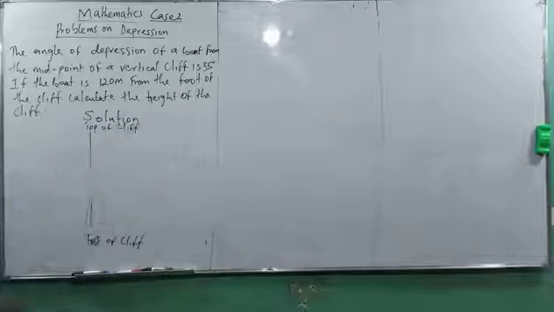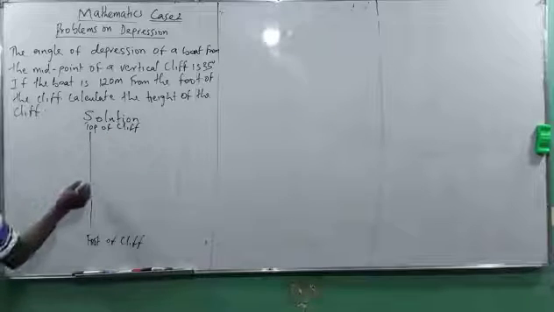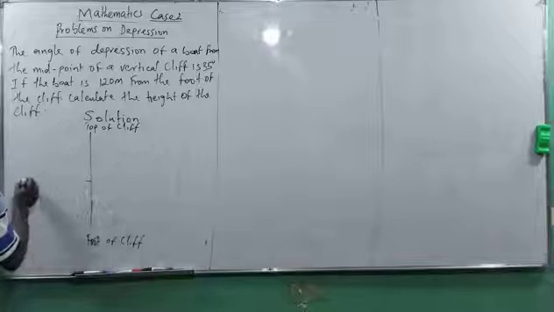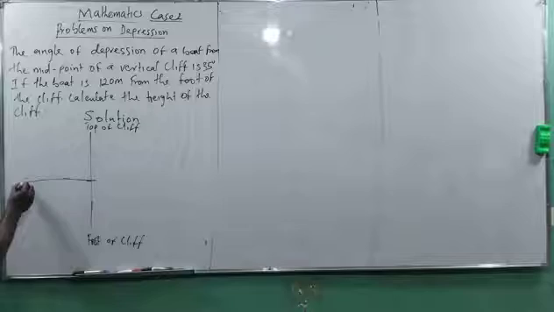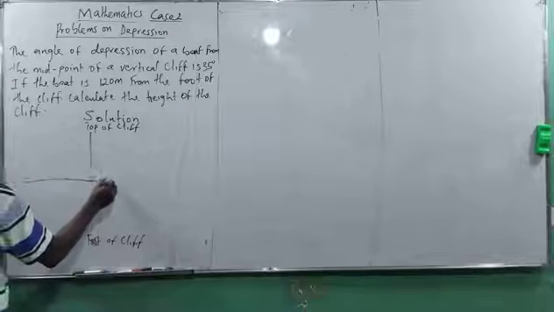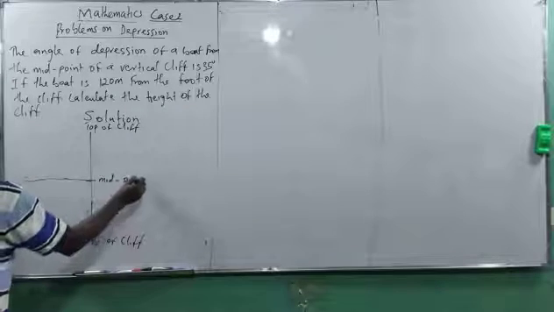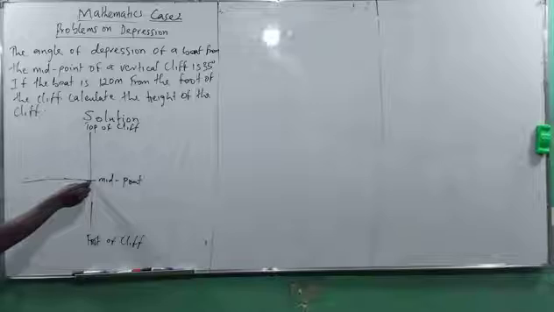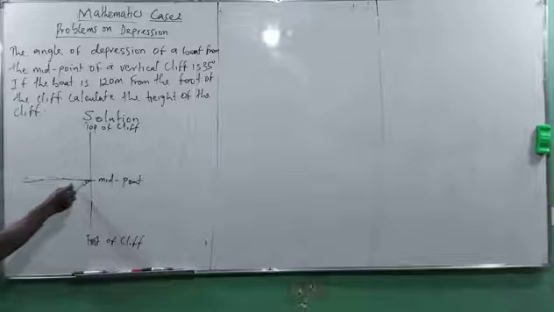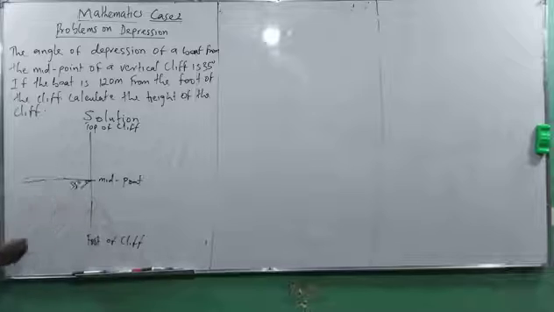Now, that is the first thing, and we are talking about the middle. Sorry, this should be a middle, and middle points. Okay, and we're told that the angle of depression, this should be the angle of depression, which is going to be 35 degrees.